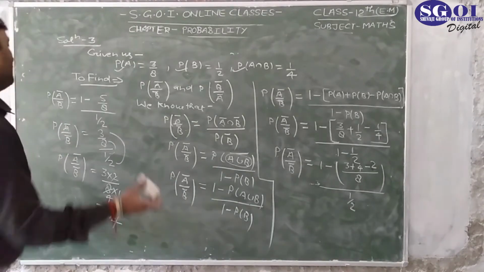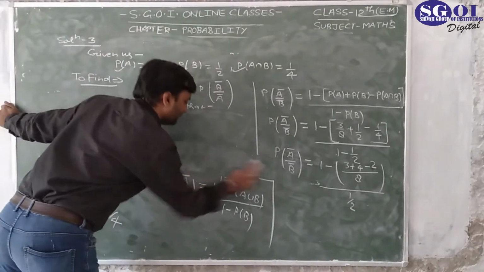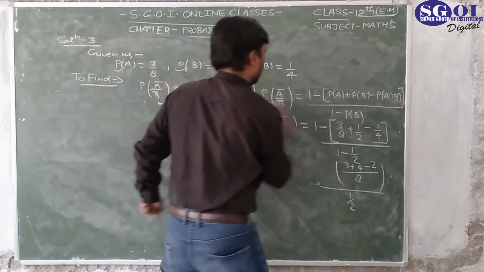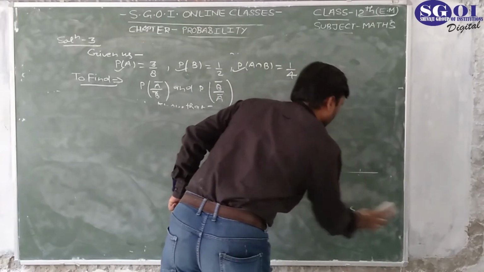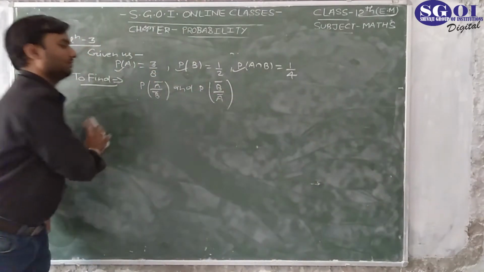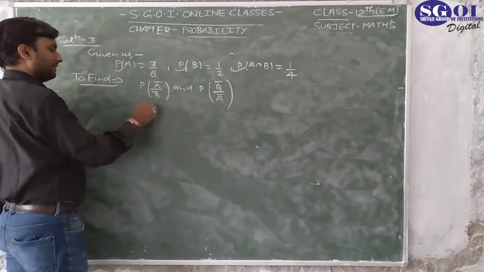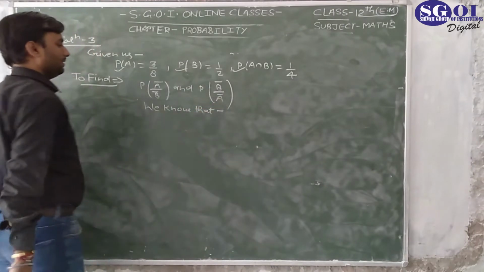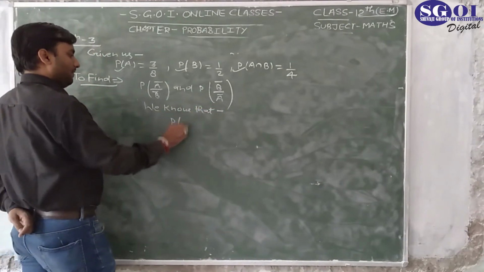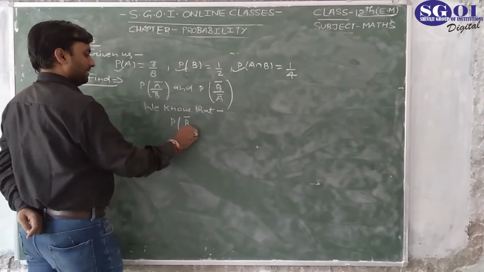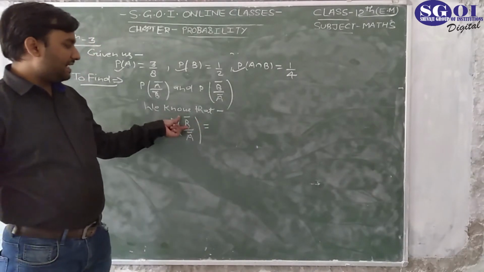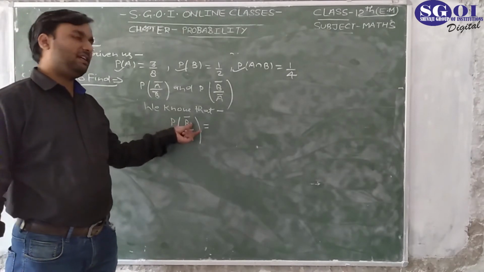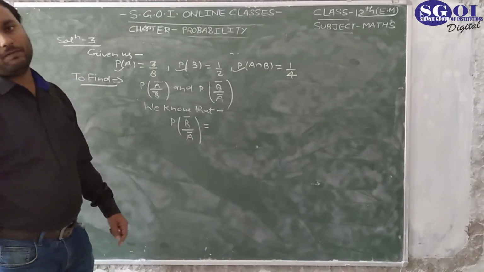Now we will find probability B bar upon A bar. We know that probability of B bar upon A bar, if I read B bar as A and A bar as B, then this gives us probability A by B. What is the formula of probability A by B?